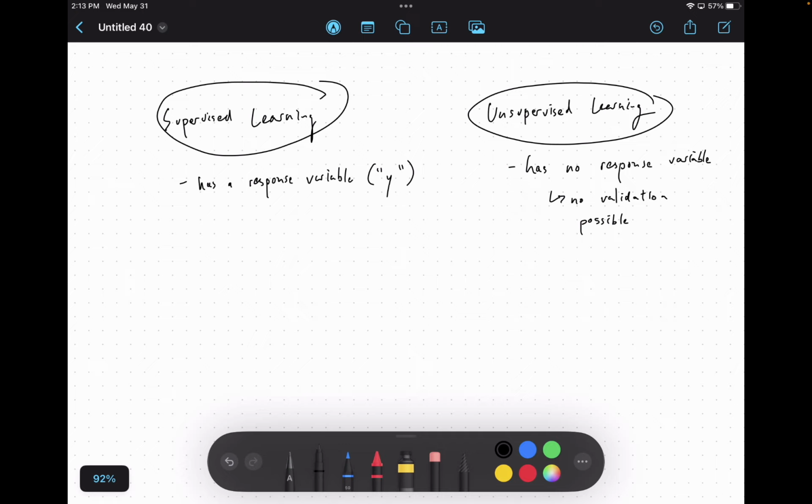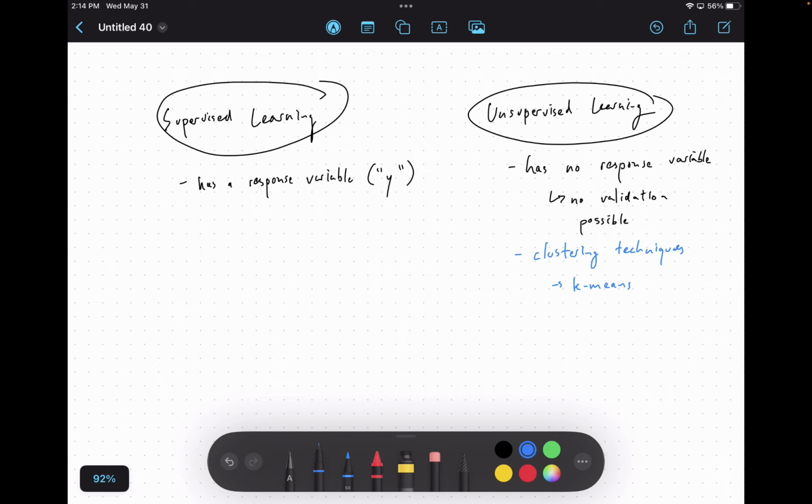And can anyone recall any specific techniques that we did here, for unsupervised learning? Yes. Great. So at a high level, we've got clustering techniques, of which k-means was one of them.